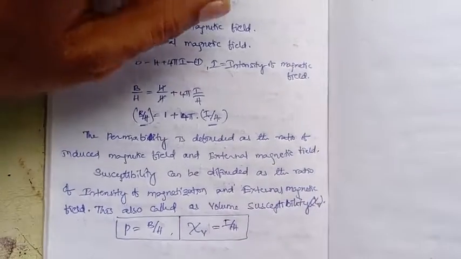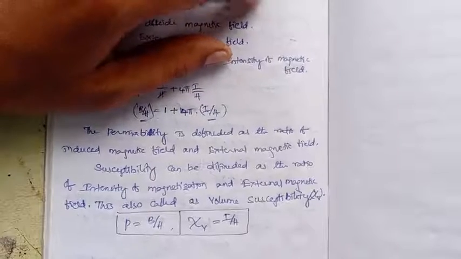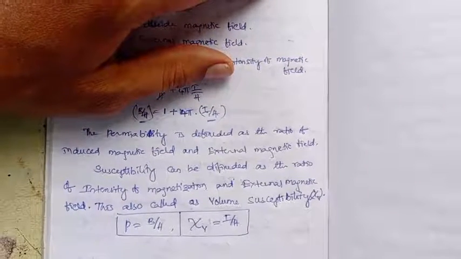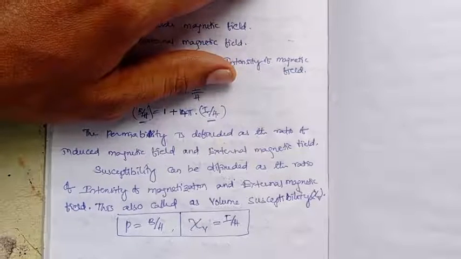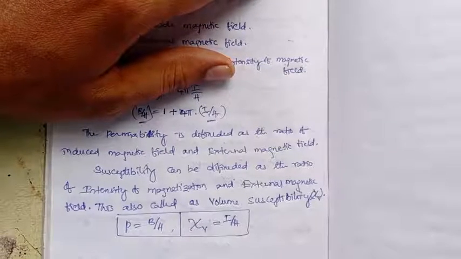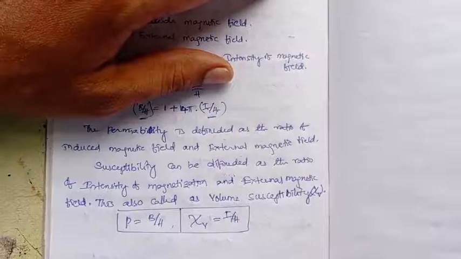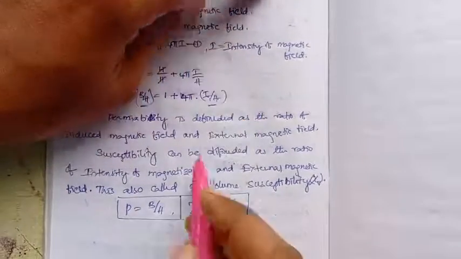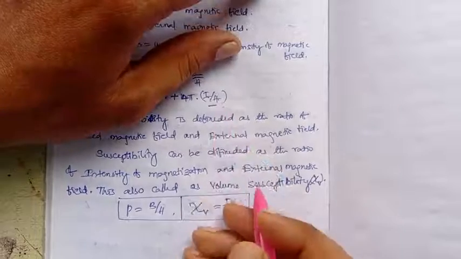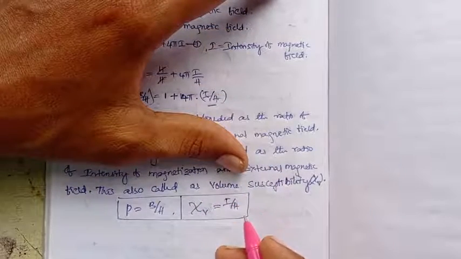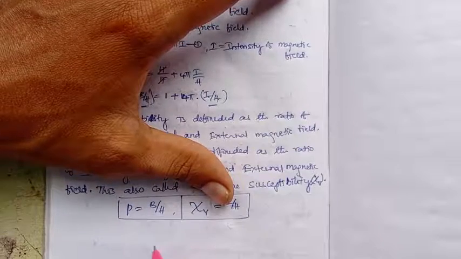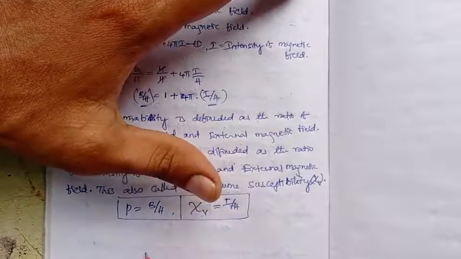This particular susceptibility has different types, right? Volume susceptibility, gram susceptibility, and molar susceptibility. Volume susceptibility is simply I by H. Gram susceptibility and molar susceptibility can be defined from the volume susceptibility.